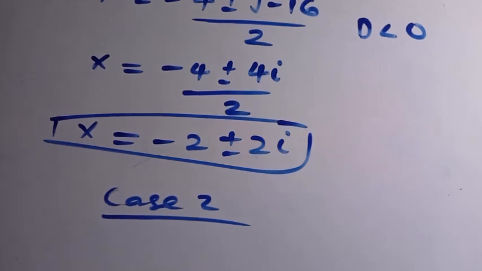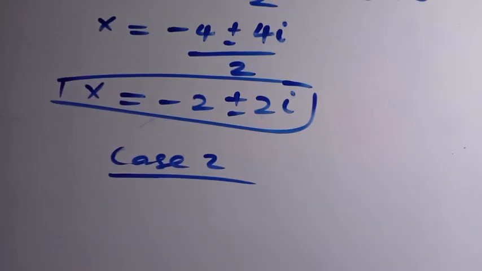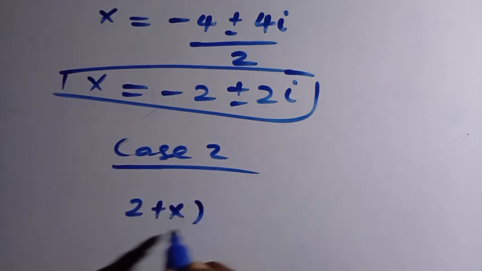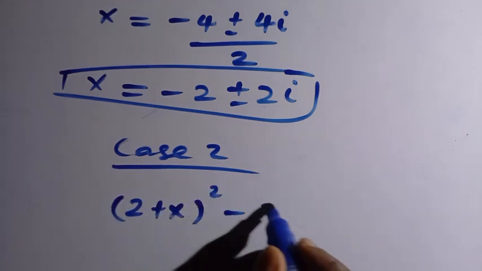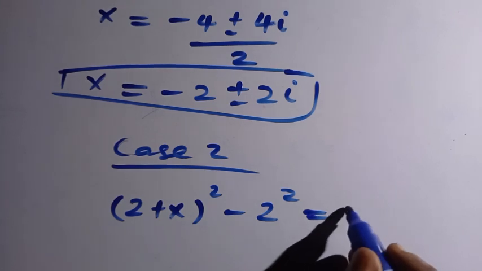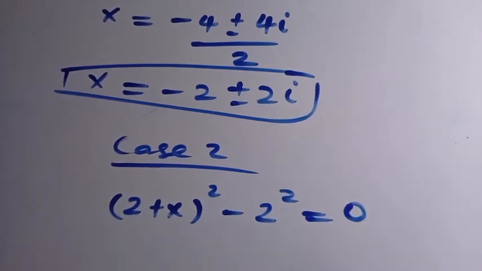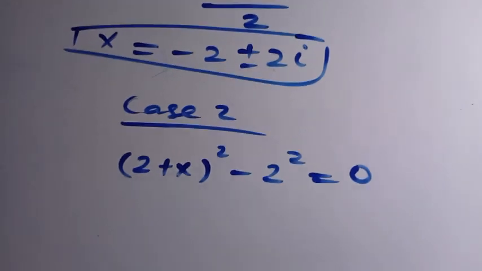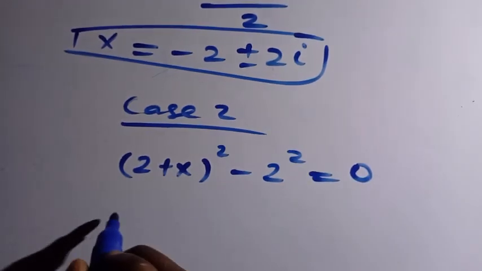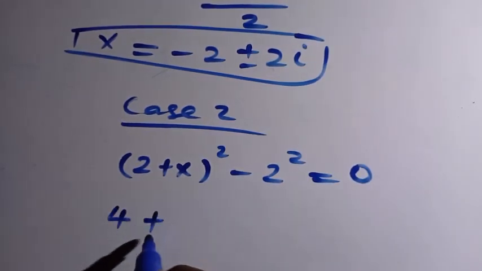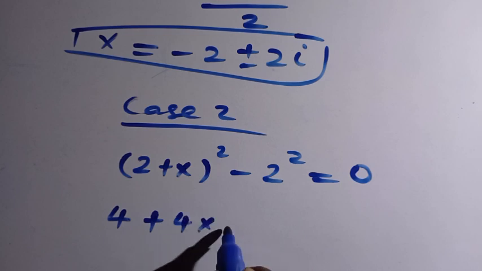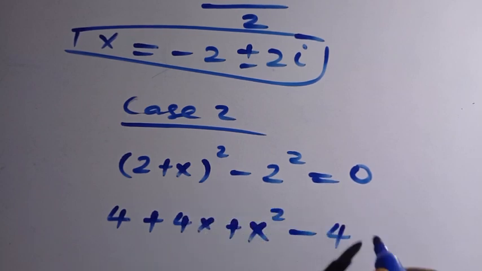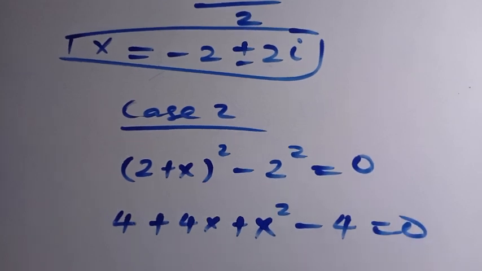Case 2 says we have (2 + x)^2 - 2^2 = 0. So let's expand this using the identity I applied above. The whole of this becomes 4 plus 4x plus x squared minus 4 equals 0.